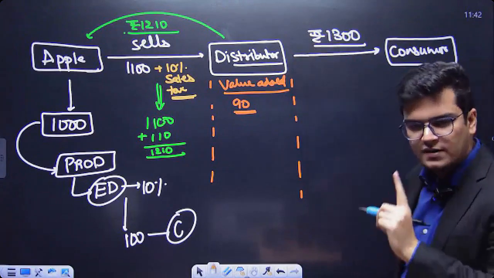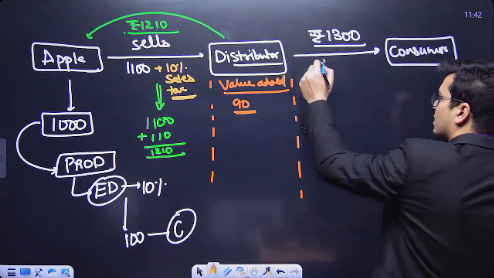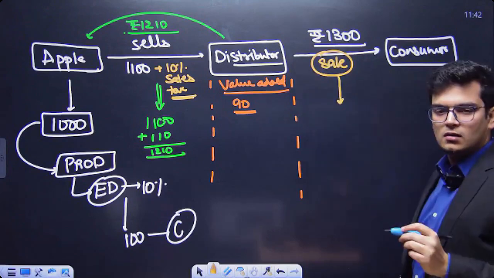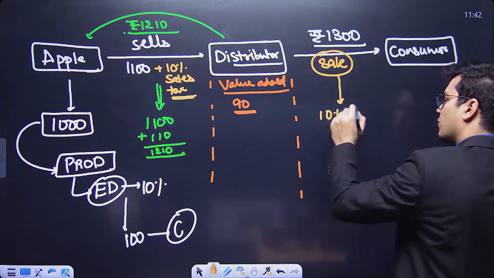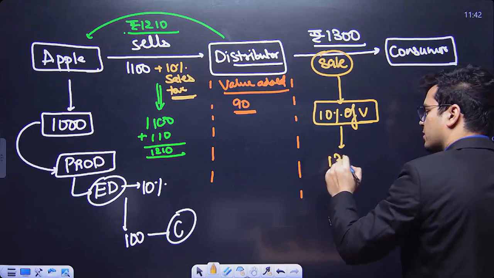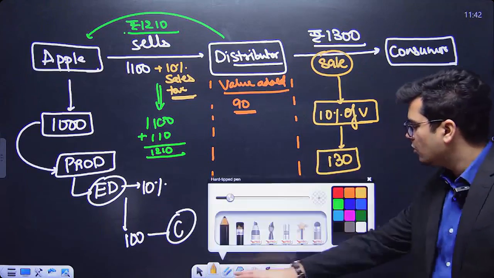Another event of taxation is created here. What is that event of taxation? That event of taxation is sale. On this sale, what taxation has to be levied? 10% of value, which is 130 rupees. So what will you pay?